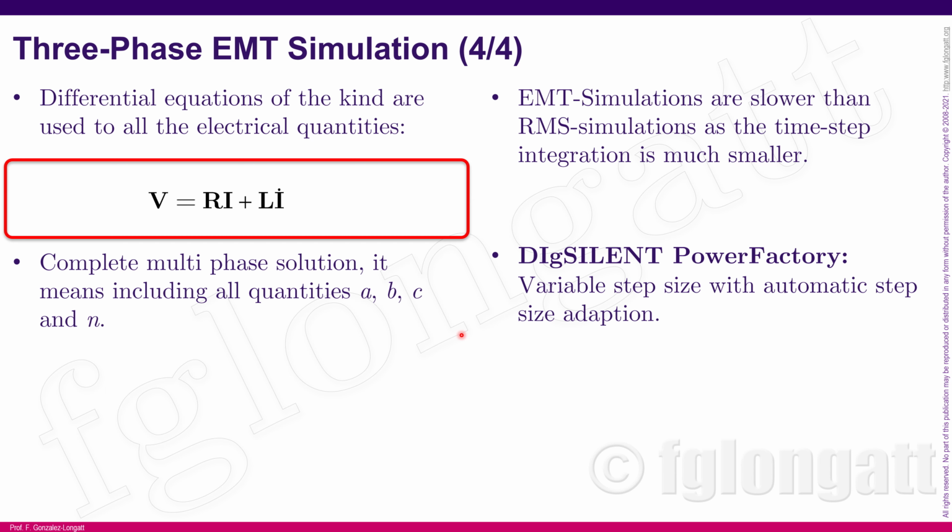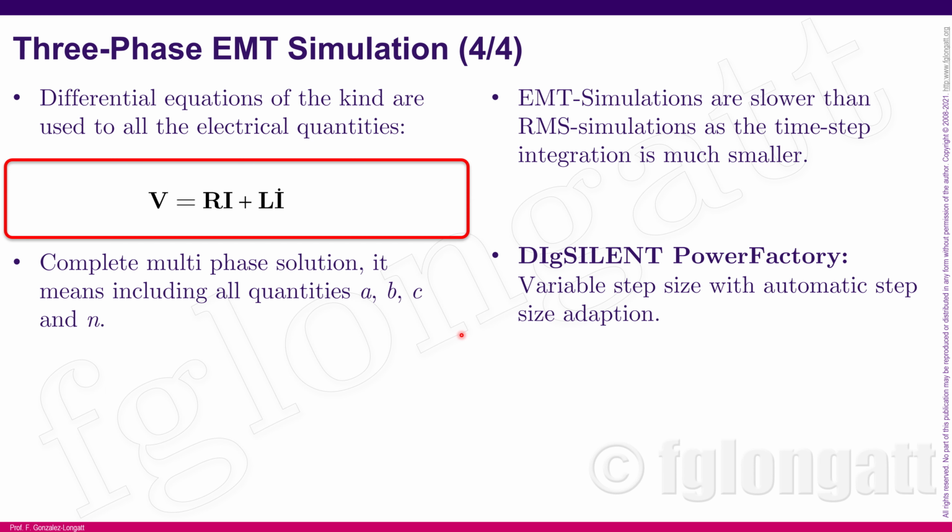One of the main characteristics of the three-phase EMT simulation is that it is extremely slower compared with the RMS simulation, and that is because for the same simulation time, the EMT simulation needs to use a smaller time step, and that is the reason that EMT tends to be slower than the RMS simulation, okay?